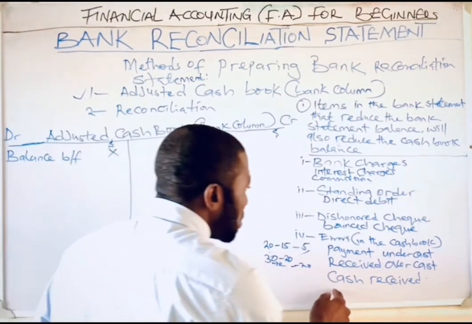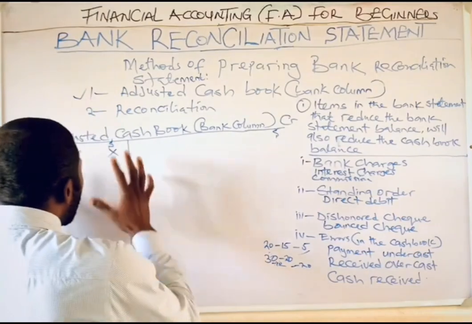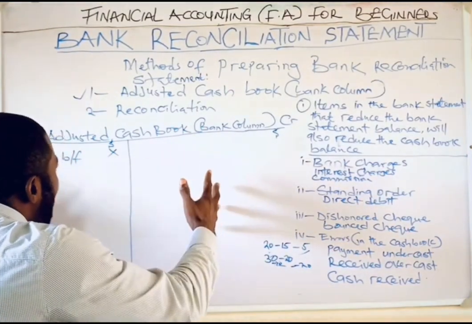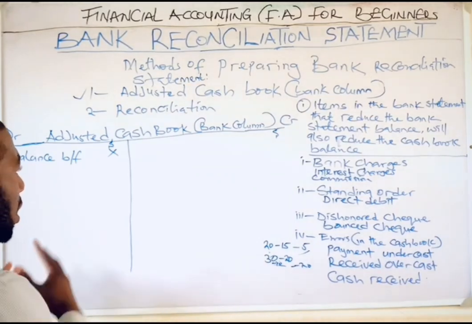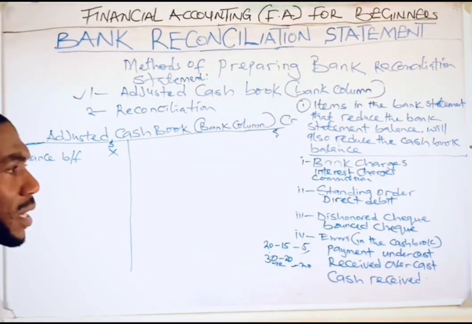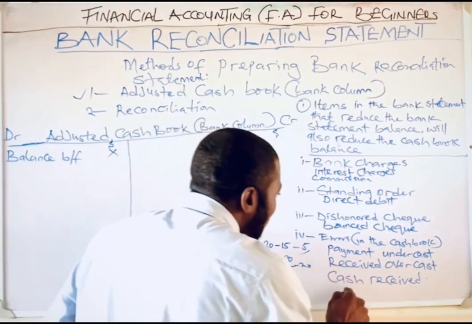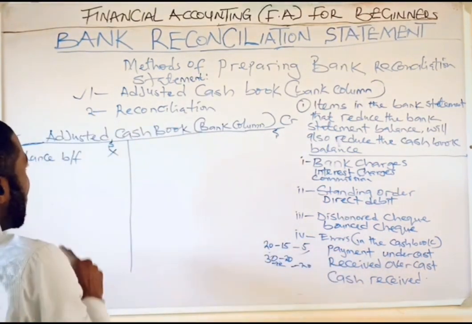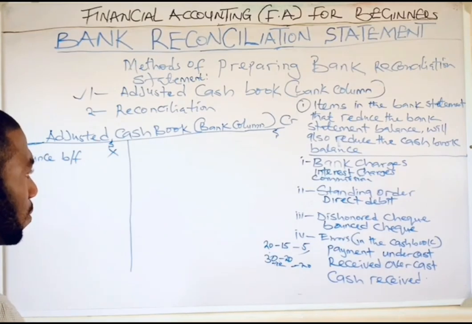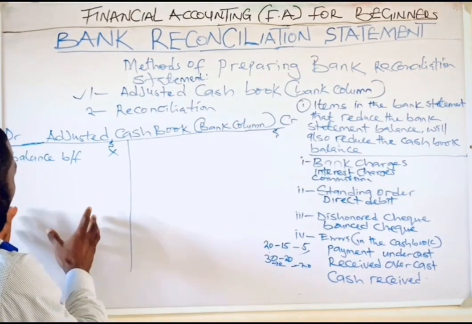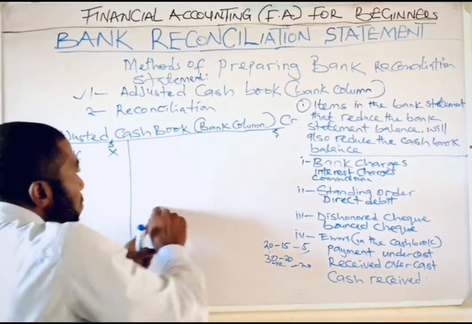Then the cash received. This is a bank column. This is a bank extract of a bank column from our cash book. And we don't record cash in the bank column. And we mistakenly record the cash we receive in the bank column. And it was cash. So knowing that, since we have received, we will come and remove it.